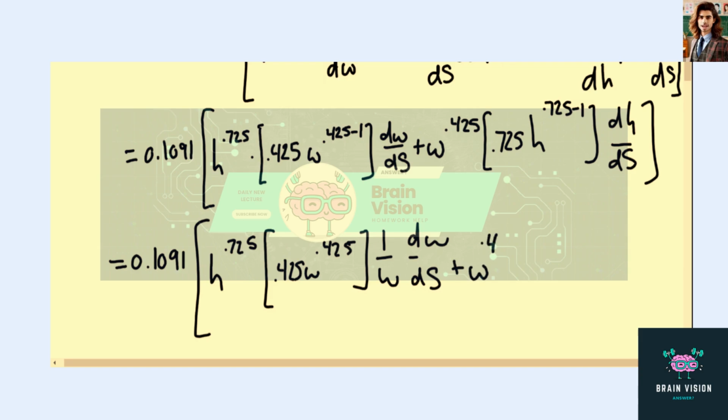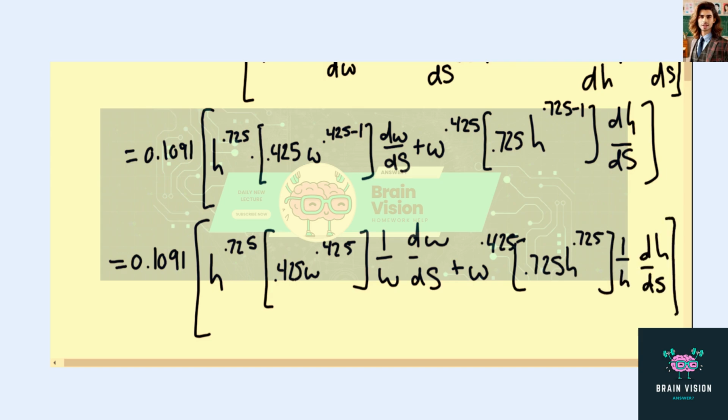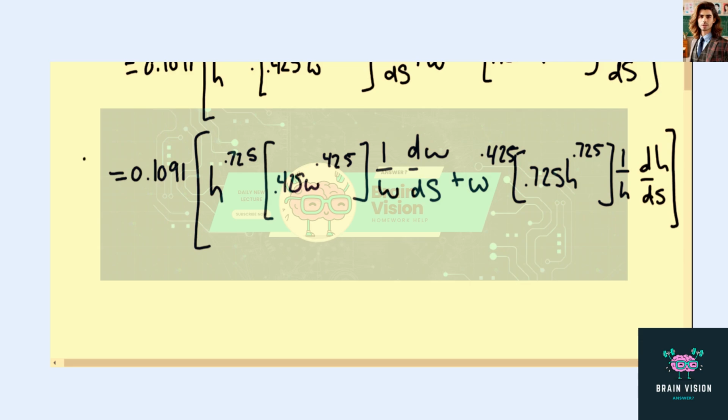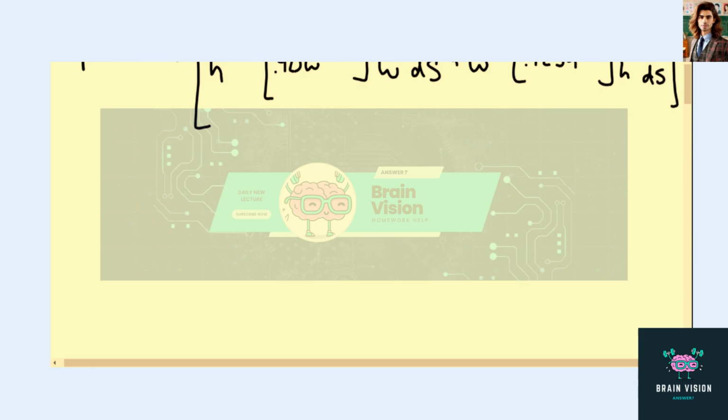So w to the power of 0.425 times 0.725 h to the power of 0.725, but then we've got a 1 over h times this dh ds. I haven't been writing it, but there's a 1 on the left-hand side. We'll think about that again someday.